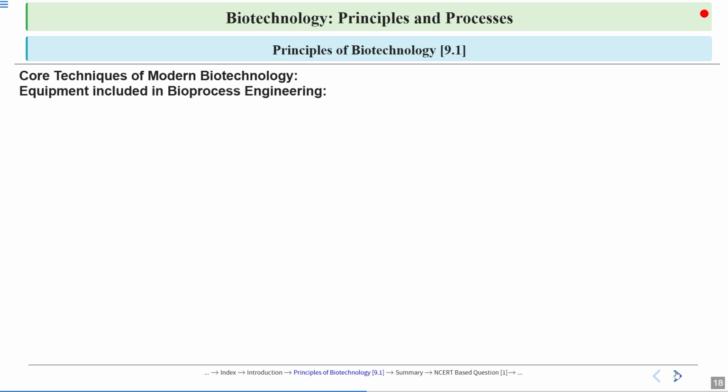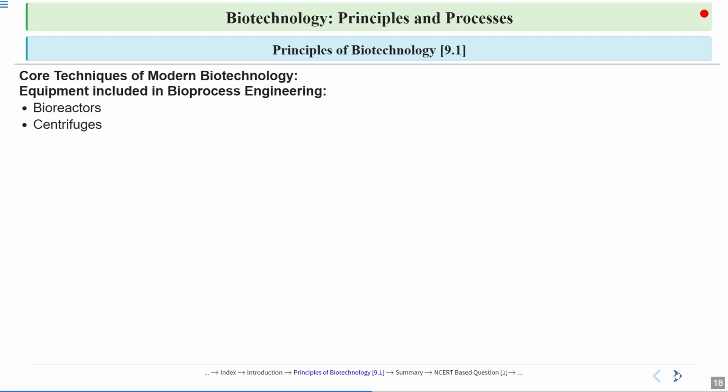So now, what equipment is included in bioprocess engineering? What equipment do we need during these processes? First is the bioreactor. I told you that a bioreactor is a device which helps us to maintain a controlled environment for biological reactions to occur. It has some optimum pH and temperature, which should be taken care of. Everything should be optimum. Second is the centrifuge.